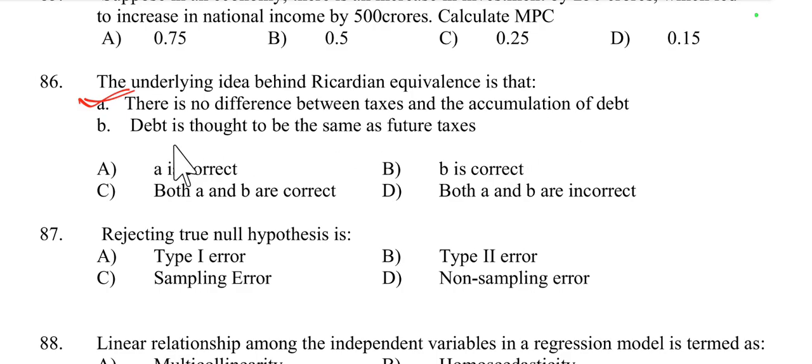Option B is, debt is thought to be the same as future taxes. It is also correct, because under Ricardian equivalence debt is viewed as equivalent to future taxes. So options A and B are both correct, so option C is right.